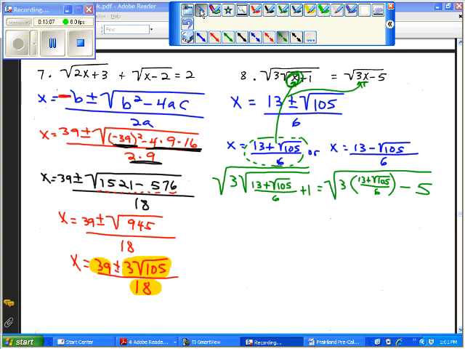Now, you're going to stick that in the calculator. And when you stick it in the calculator, it's going to look like this, with an open parenthesis, right? And then a 3, and then another one with an open parenthesis. And then you have to put the numerator in parentheses.